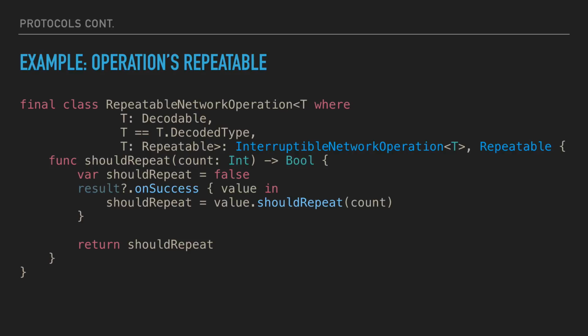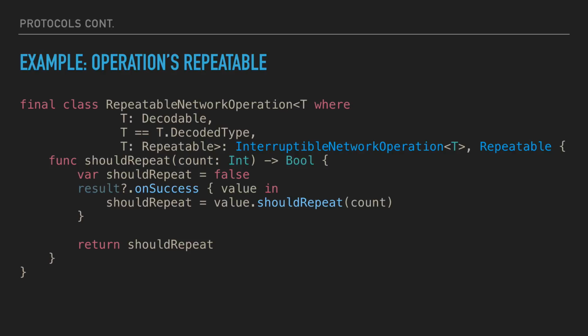So this entire class here, I cut some stuff out that isn't strictly relevant because it inherits from another thing, but is only maybe 20 lines of code for an operation that can repeat indefinitely. And so it's really enabled a lot of flexibility by passing these types from the bottom to the top.